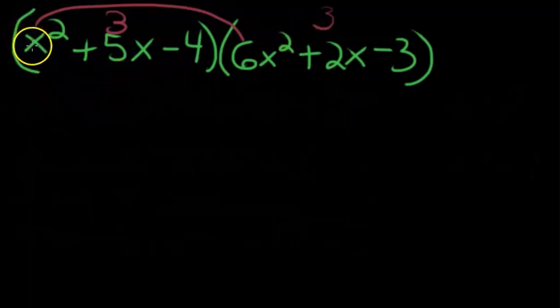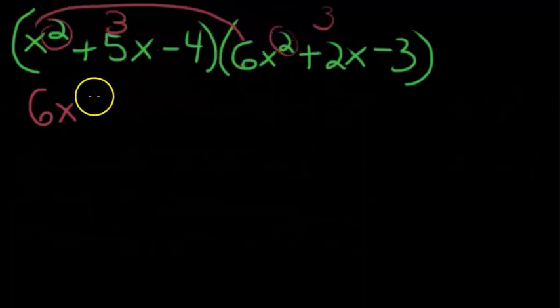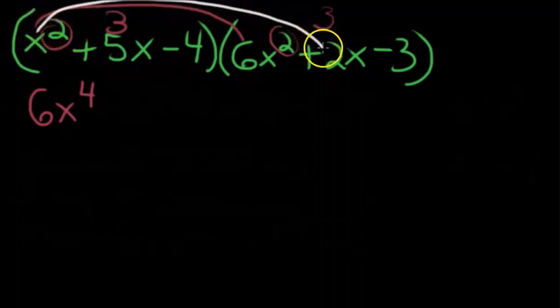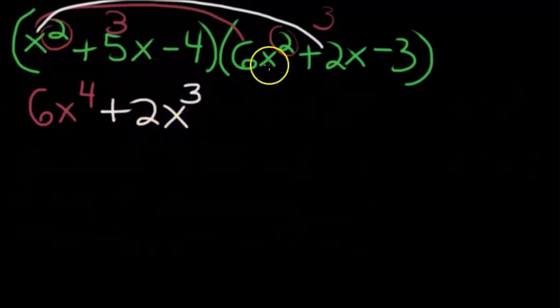We have x squared times 6x squared. 2 plus 2 is 4, so we have 6x to the 4th. We have x squared times 2x, which gives us 2x to the 3rd. 2 plus 1 is 3.